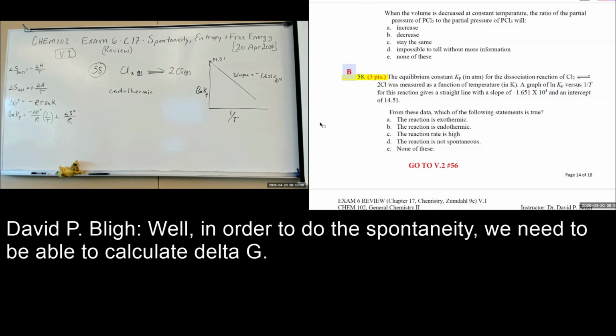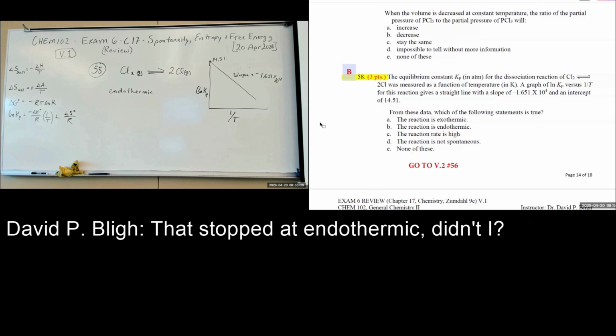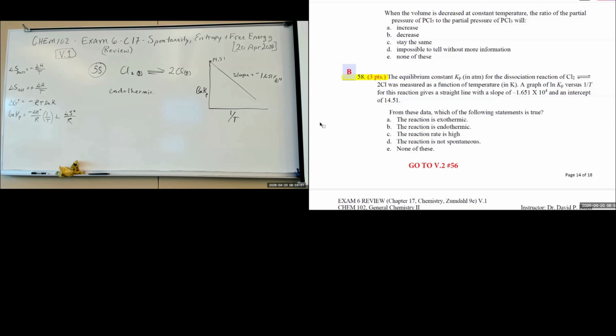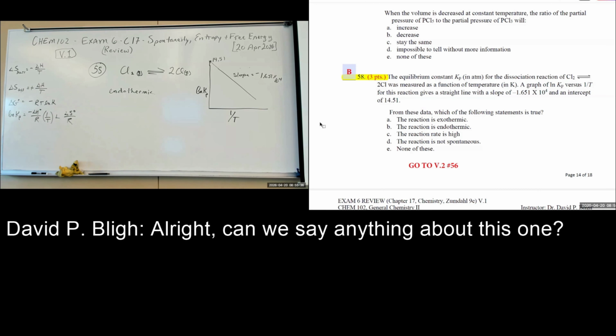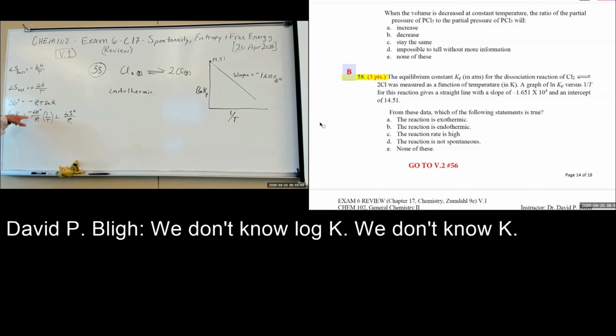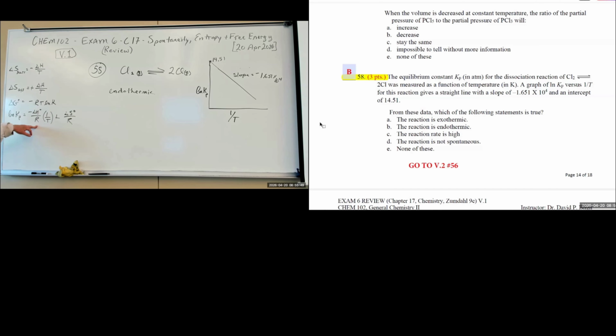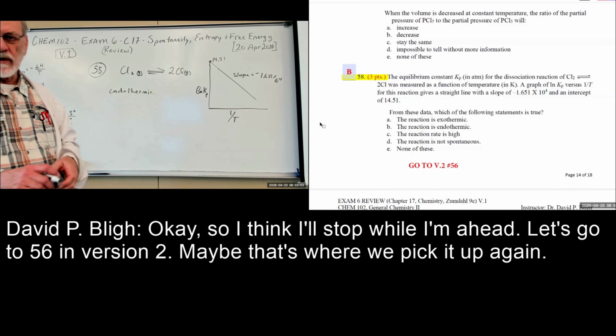In order to do that, we need to be able to calculate delta G. We don't know log K, we don't know K from this one. Okay, so I think I'll stop while I'm ahead.